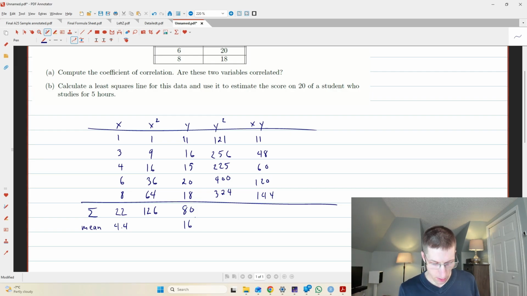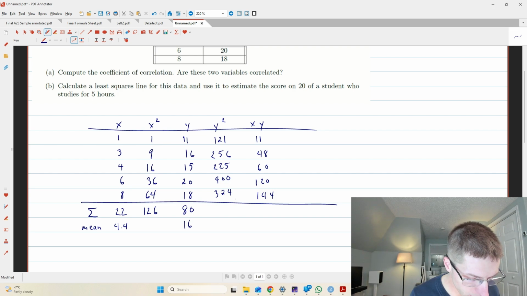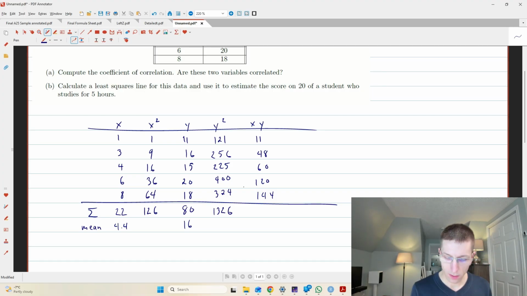Okay, and so this is the computation part. 121 plus 256 plus 225 plus 400 plus 324 is 1326. And then XY, 11 plus 48 plus 60 plus 120 plus 144 equals 383.